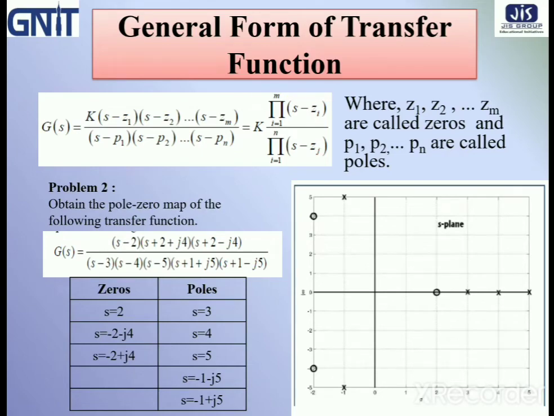Now, the general form of transfer function. A transfer function can be represented in this form: G(s) is equal to K, where K is the gain of the system, into (s minus z1) into (s minus z2), like this, (s minus zm), divided by (s minus p1)(s minus p2), and this way (s minus pn).